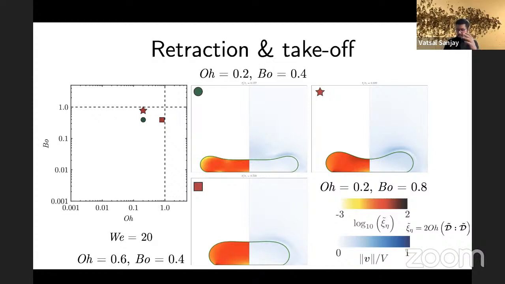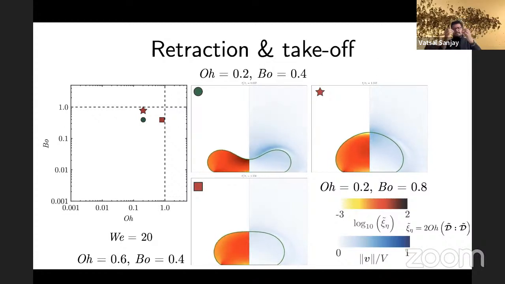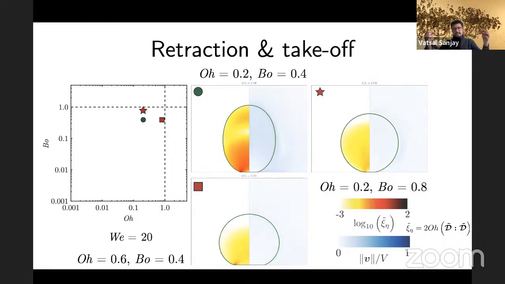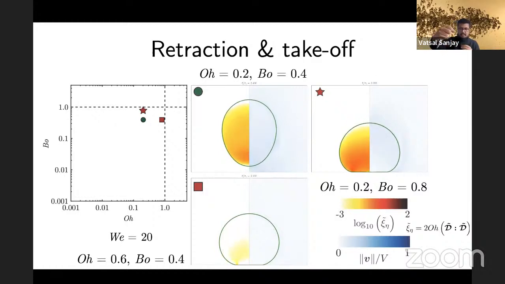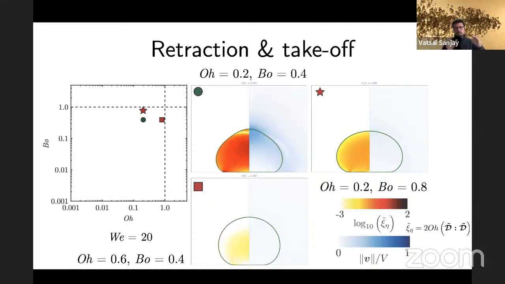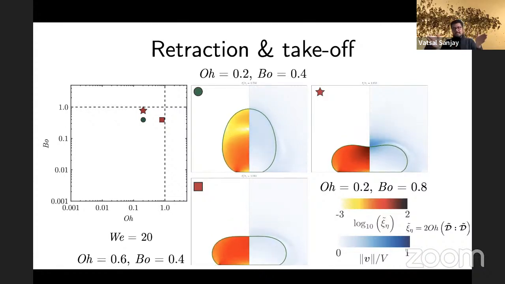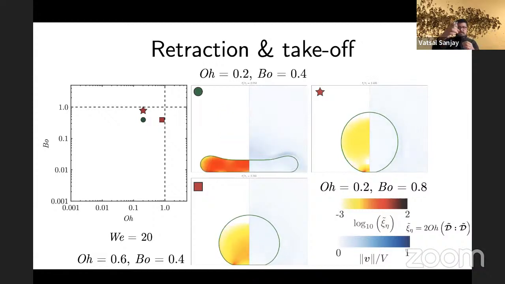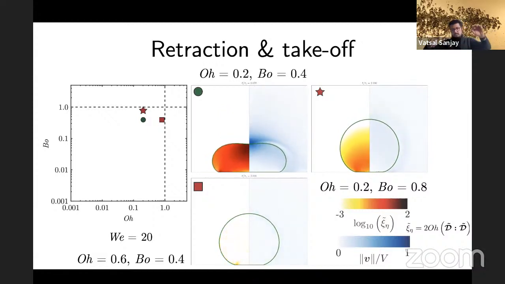And then what happens is that now we have a system, a pancake pretty much, which has a high surface energy, and that is going to retract, and then it will try to take off. So we have a decoupling between the two processes: the impact and spreading process, that's part one, and part two is this retraction and takeoff.